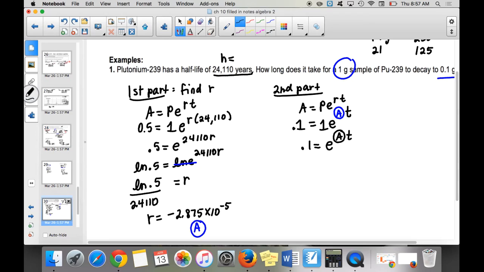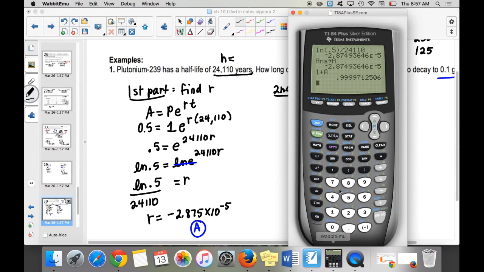What's the next step? Natural log of both sides, so natural log of 0.1 equals natural log of e to the A times T. Natural log of e cancels. So I end up getting natural log of 0.1 divided by my A value. That's going to be my T.